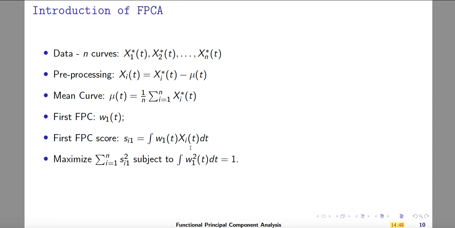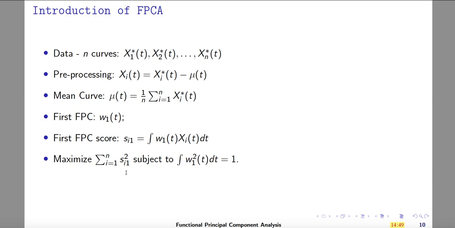Now the objective is to maximize the variance of this first FPC score s_i1. Because these curves are centered, this FPC score is also centered, so the sample variance is just the summation of squares of the FPC score. The idea is to maximize this variance.